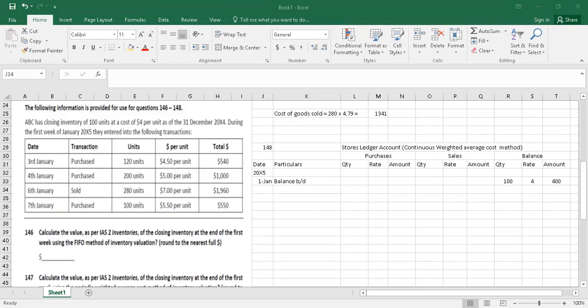Then the next lot of units that are received. So when the next lot of units is received, we account for that. See, the whole focus will lie here with the balance column.